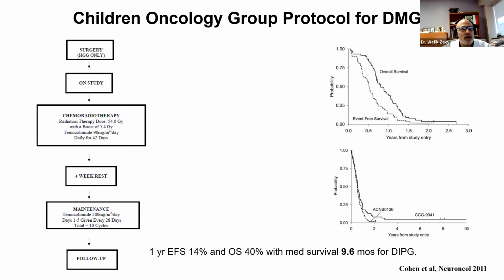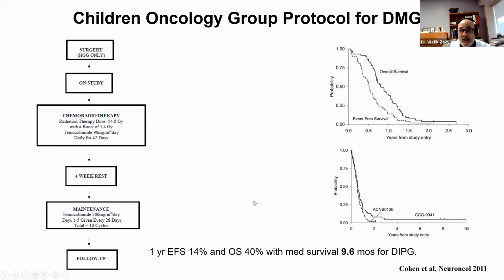This is the Children's Oncology Group study from 2 decades ago that tried to treat the midline gliomas as high-grade gliomas, where they used temozolomide with radiation, followed by maintenance temozolomide. That was a disappointing study that showed poor outcome, with 1-year event-free survival of about 14%, overall survival about 40%, and median survival of about 9.6 months.